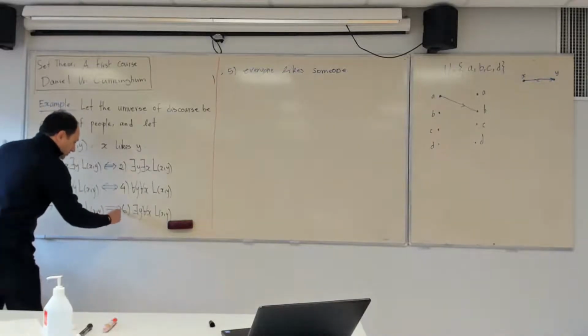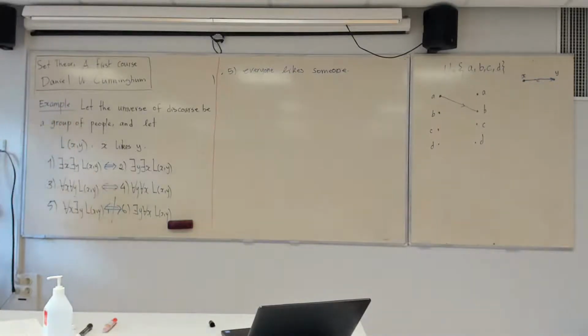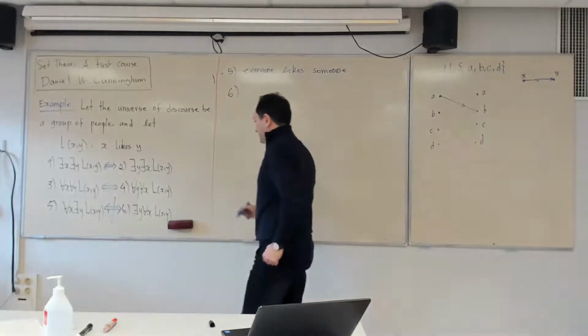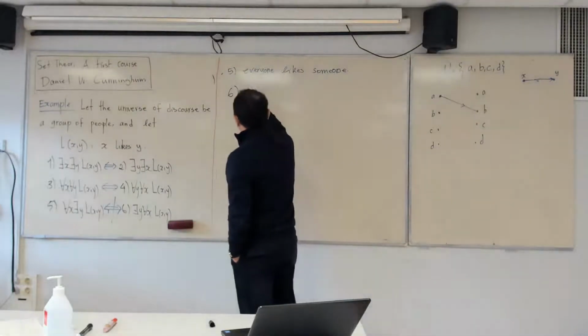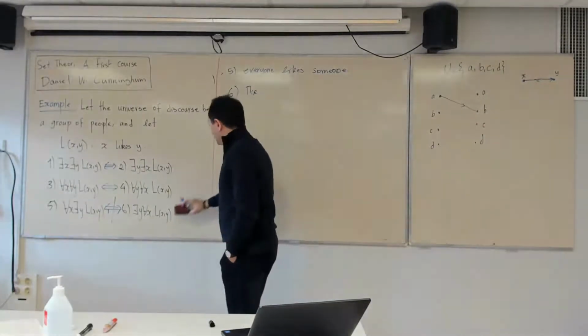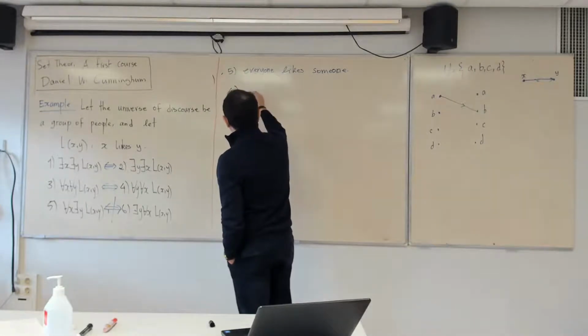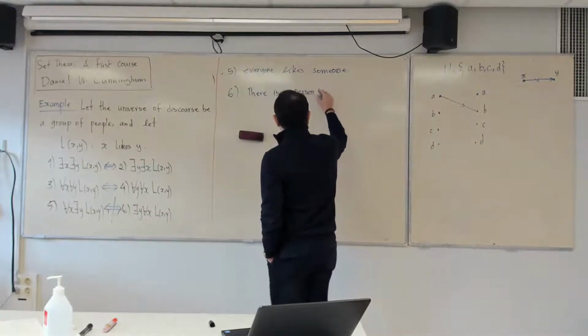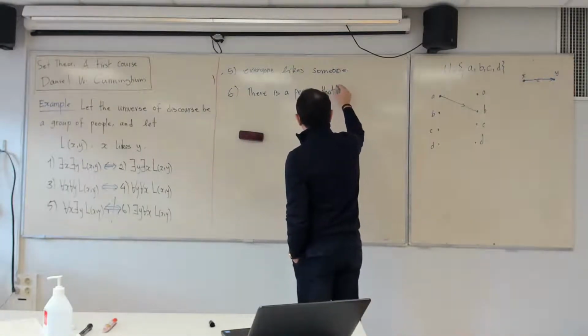So let me at least write this. They are not equivalent. So this means everyone likes someone. Let me translate number 6. What was number 6? There is a person that is liked by everyone.